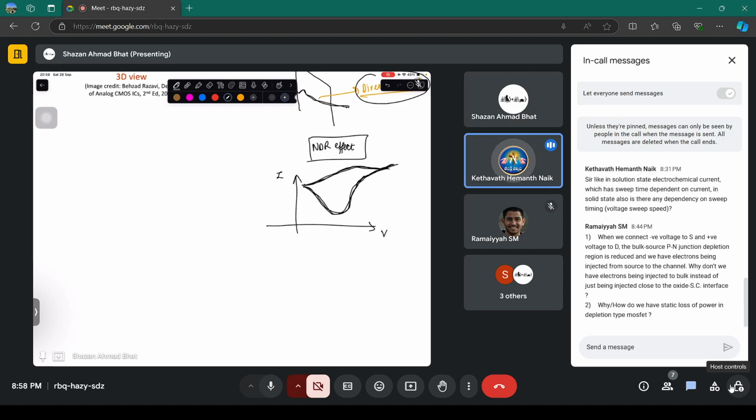Yes, sir. But in a PN junction also, at a very small beginning voltage, there will be some NDR effect formed, in a very small bias range only. Like in a metal semiconductor junction also, it forms a small NDR effect, in forward bias only, before the threshold voltage, where it will rise and then fall down.